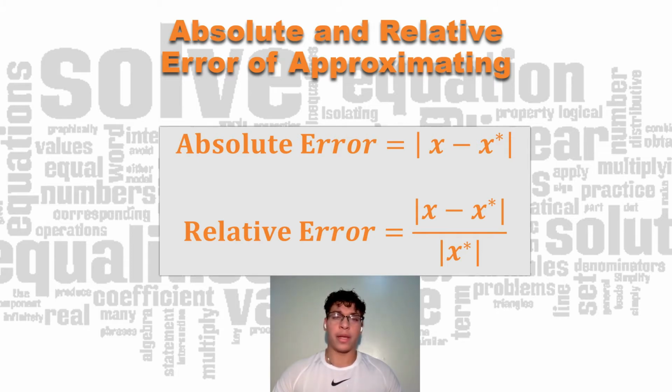And for the relative error equation, we would use the absolute value of the computed number minus the true value of that number, and all would be divided by the absolute value of the true value of the number. Now let's get to the 3 parts of the question.